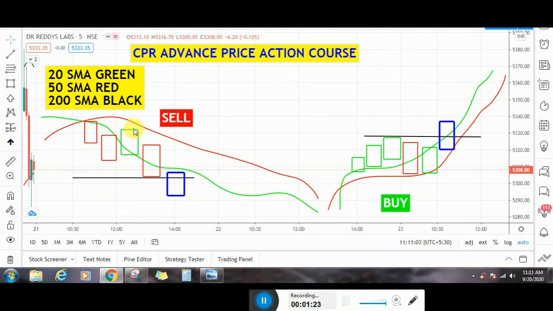Here you see the crossover has happened. The crossover looks like a railway track, so it's called RTP, railway track pattern. Here the red line and the green line cross, with the green line above the red line. It is considered as RTP, railway track pattern.